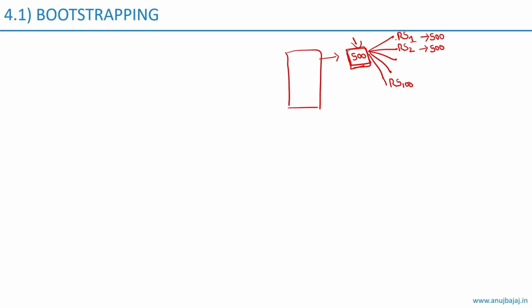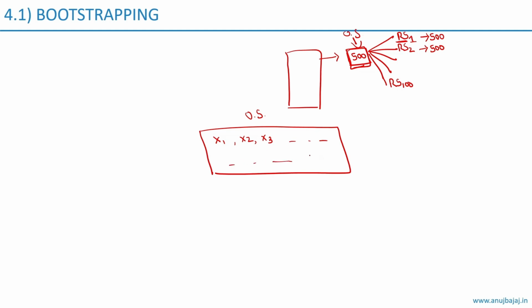So let us see in detail how a resample is created from the original sample. Suppose this is the original sample that we have, and we have 500 observations in the original sample. From this original sample, we create a resample, say resample 1.